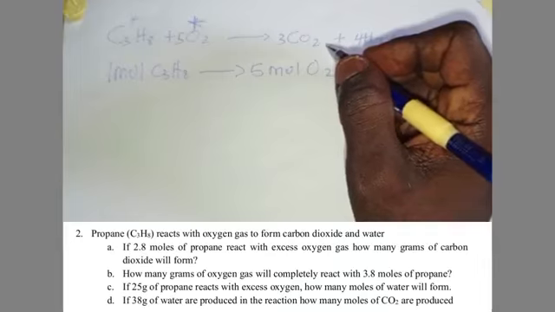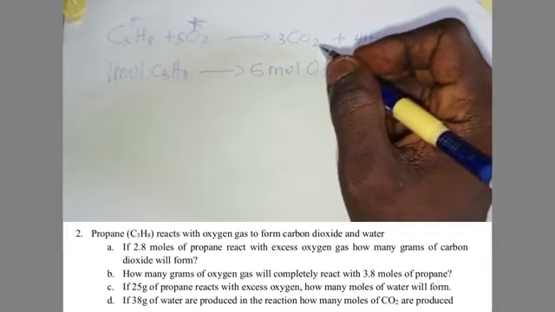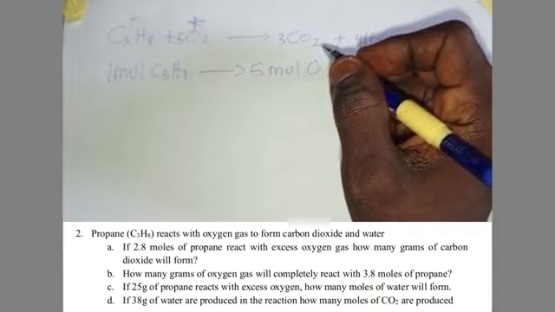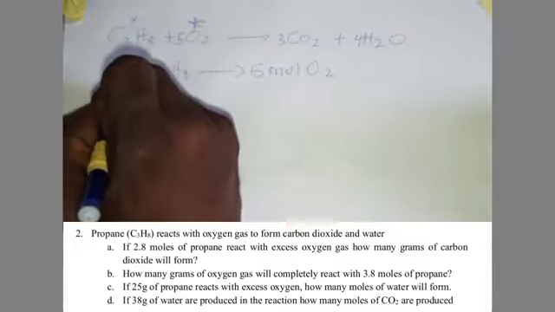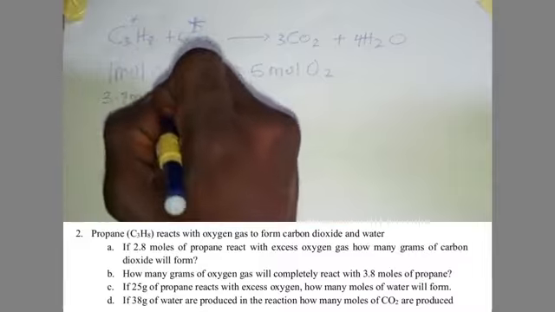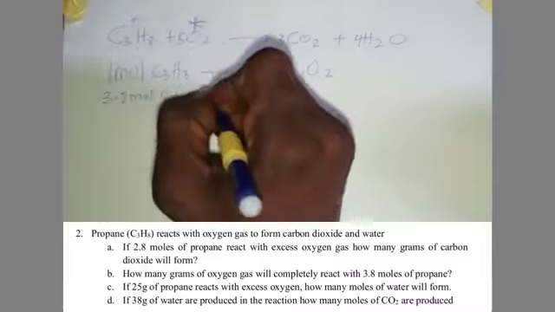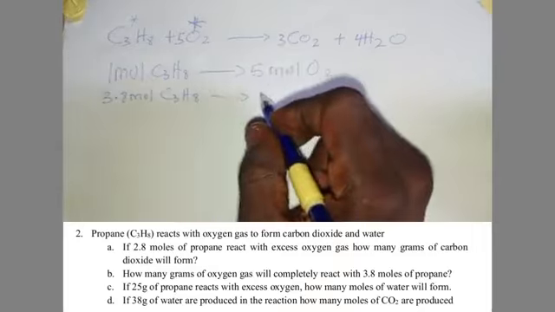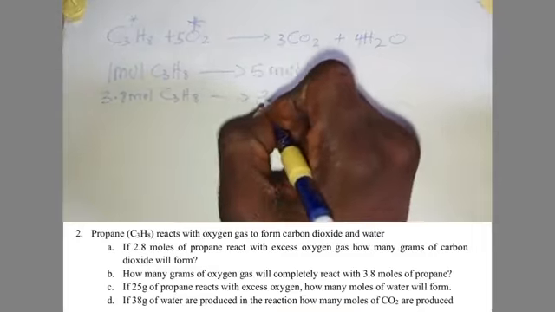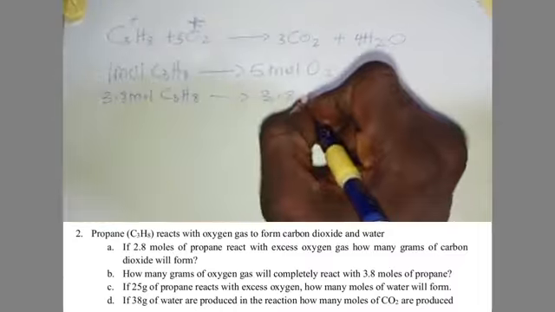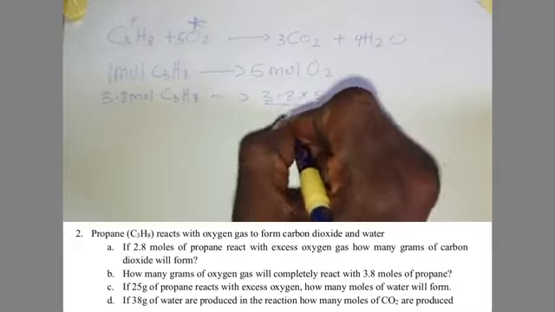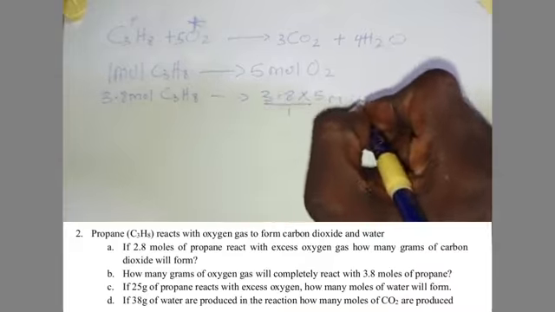So that simply implies that the 3.8 moles of propane given to us is going to react with, we are going to cross multiply, and that will be 3.8 multiplied by 5 divided by 1 moles of oxygen.